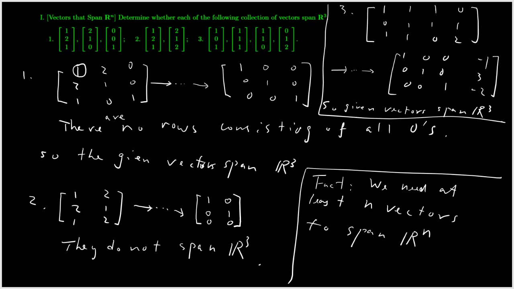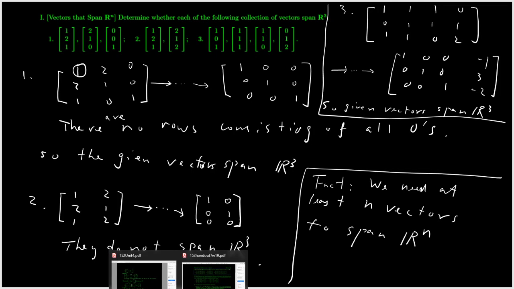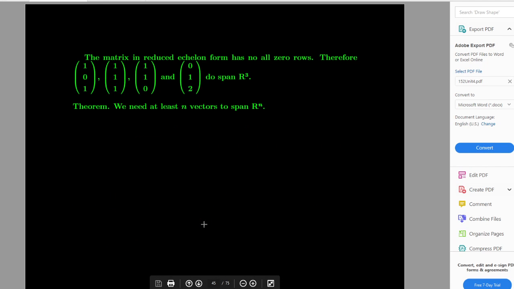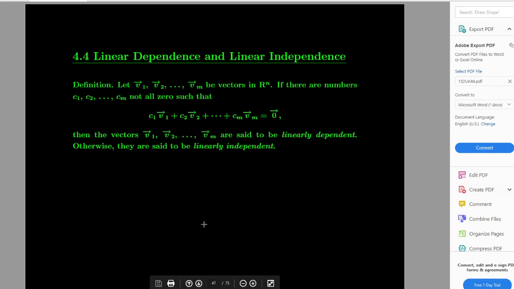Any questions so far? If you don't, we're done with that section. And then we move on to section 4, linear dependence and linear independence. Now concentrate. This concept is not too simple to understand.